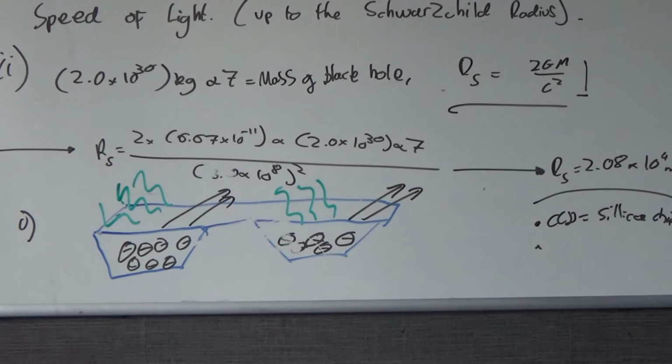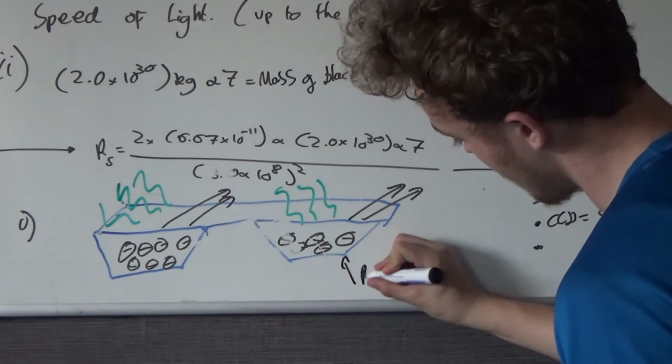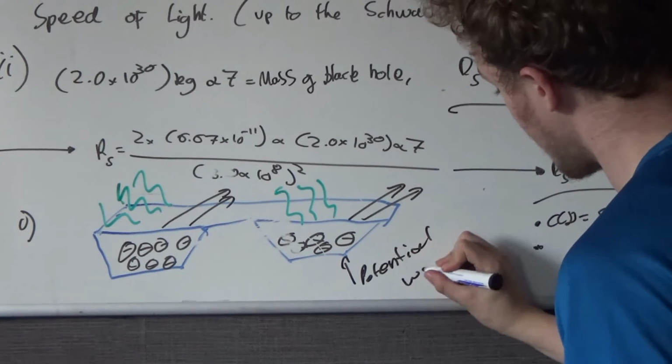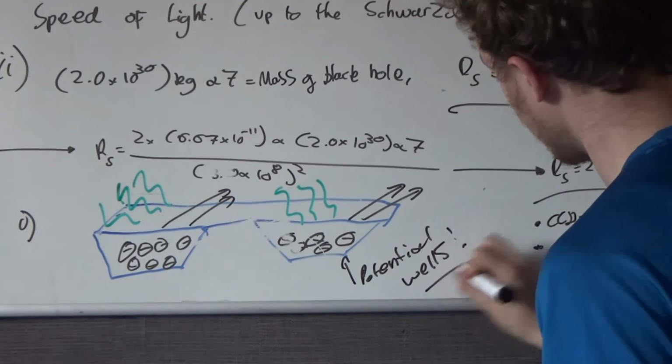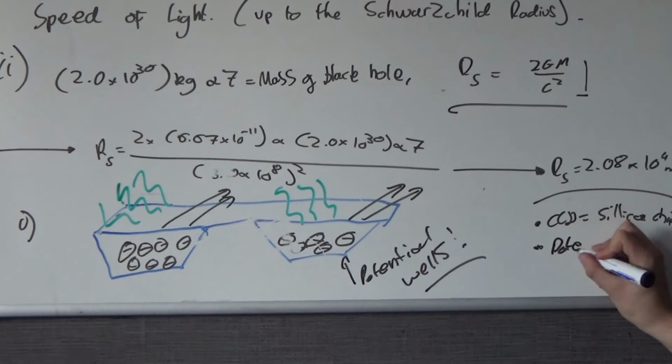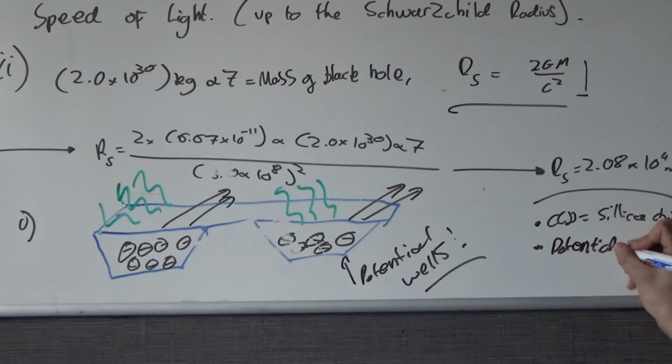So how would you write that down in terms of this question? Your first point would be stating what a CCD actually is. Then you would talk about these potential wells of electrons, the fact that they are in the CCD.